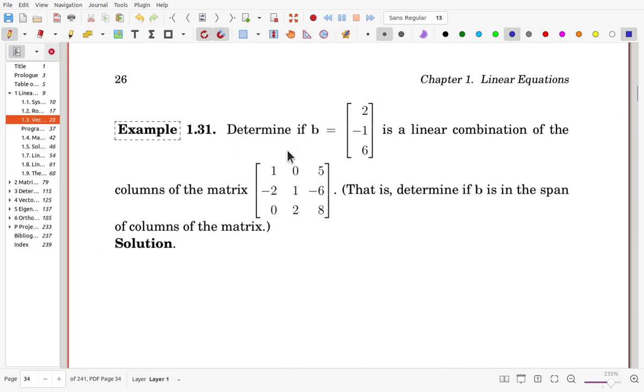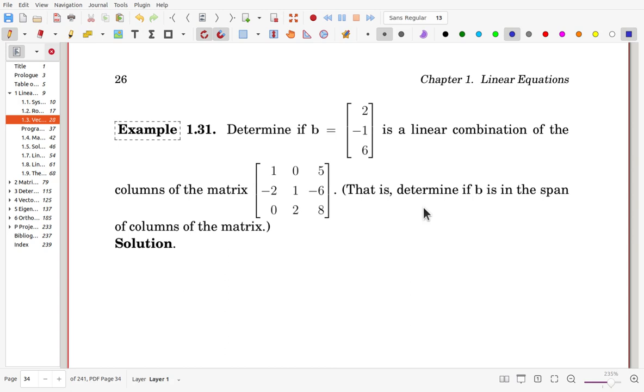Determine if b is a linear combination of the columns of the matrix. That means determine if b is in the span of the columns of the matrix.